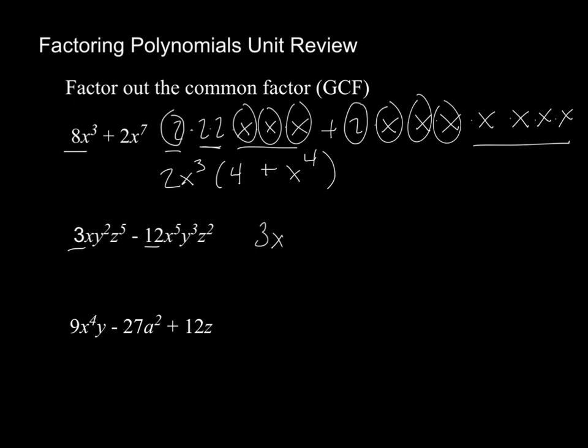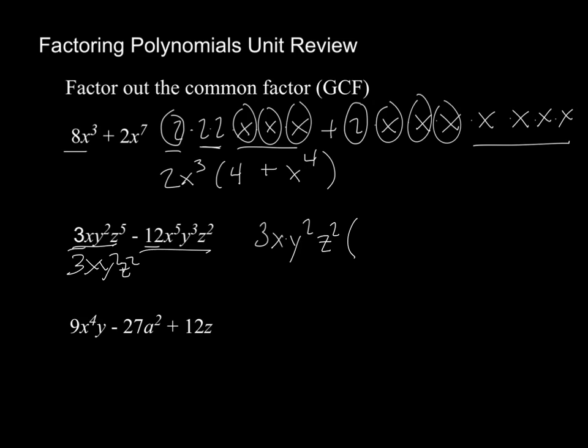The lowest exponent on the y's is the 2, so I'd have a y to the 2nd power. The lowest exponent on the z would be the 2 again, so I would have a z squared. And that's my GCF. Then I would divide both of these terms by that GCF, y squared, z squared.